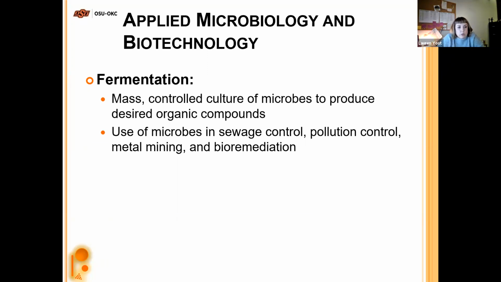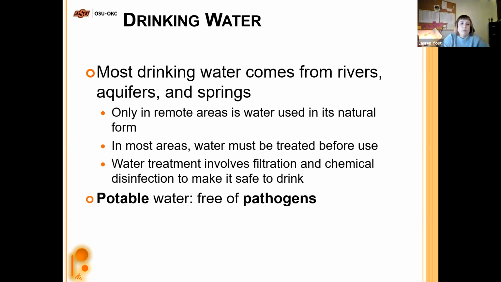And we can also use microbes like this to help break down sewage, and break down other bad things in our environments. We can manufacture bacteria to do these specific things for us.